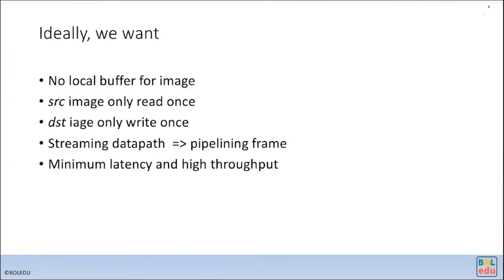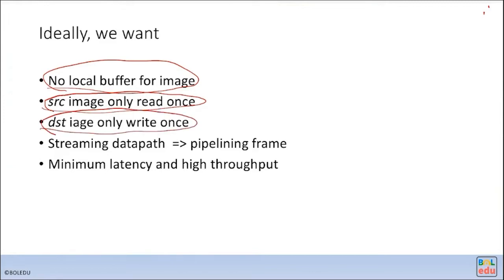So ideally, we really would like to have a design that doesn't have a local buffer for the image. Also, the source image is only read once and the destination image is only written once. That's basically the minimum. And we want to be able to do a streaming data path so that we can pipeline the frames. If multiple frames go into the convolution, we want to be able to pipeline the frames.